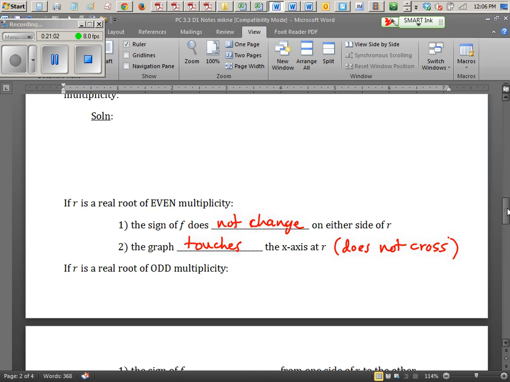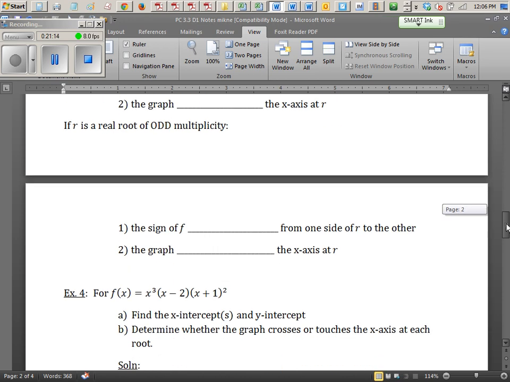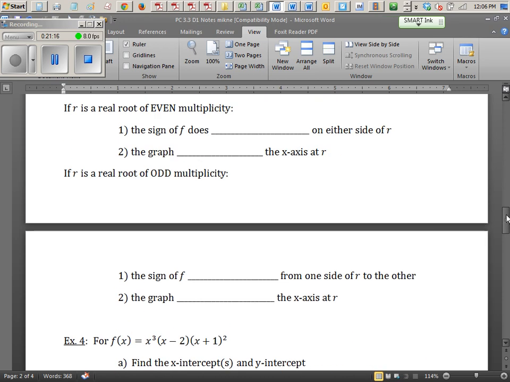We'll talk about that. On the other hand, if r is a real root of odd multiplicity, you can probably guess what the blanks are here. This was does not change. This was touches, does not cross.